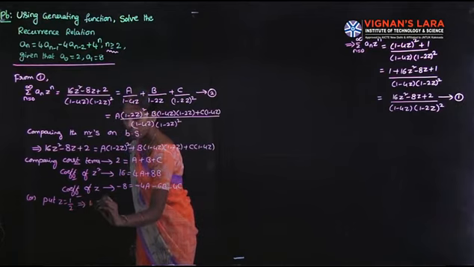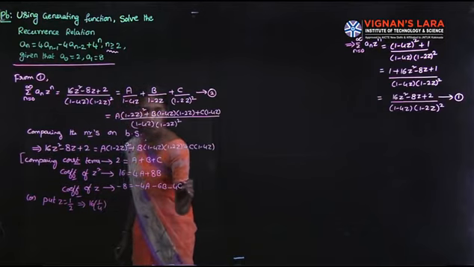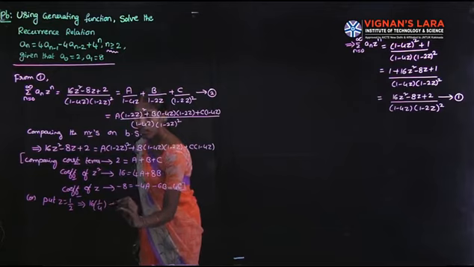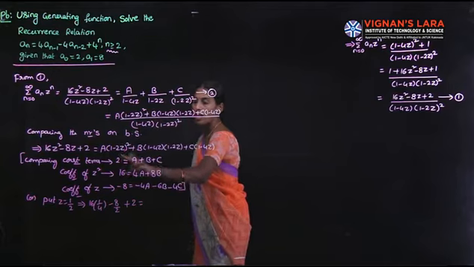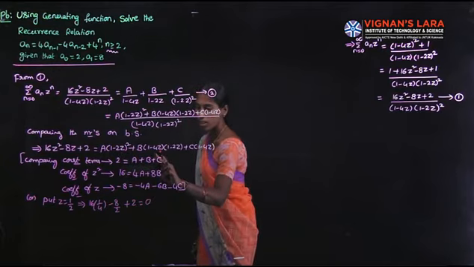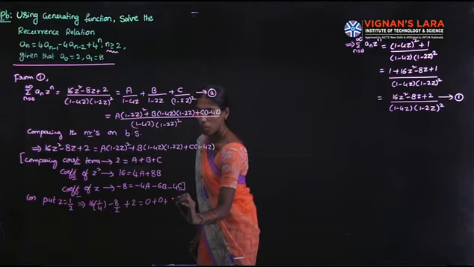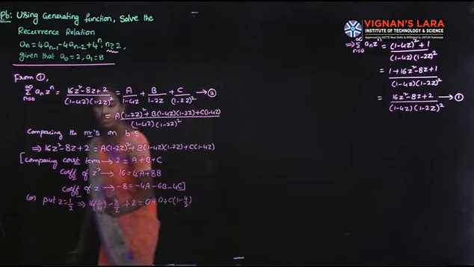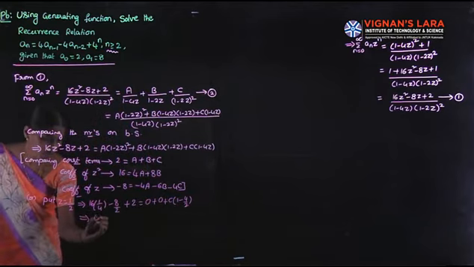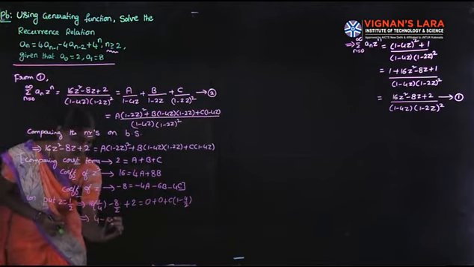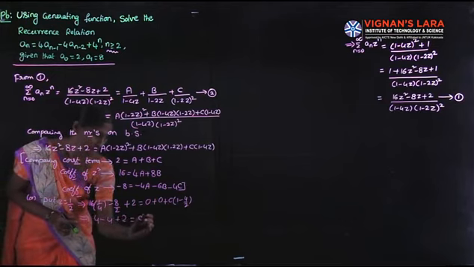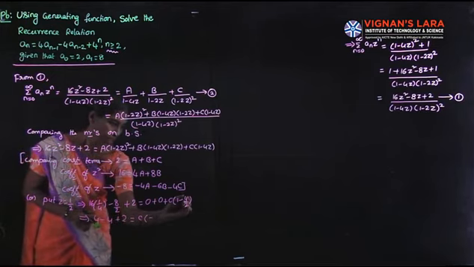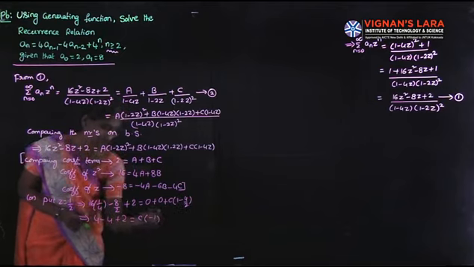So, 16 into 1 by 4 minus 8 into 1 by 2 plus 2 is equal to right side first term 0, second term also 0, plus c into 1 minus 4 by 2. 16 by 4 is 4, minus 8 by 2 is 4, plus 2, c into it is 1 minus 2, minus 1.